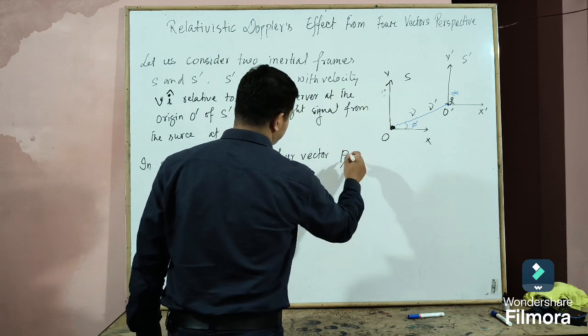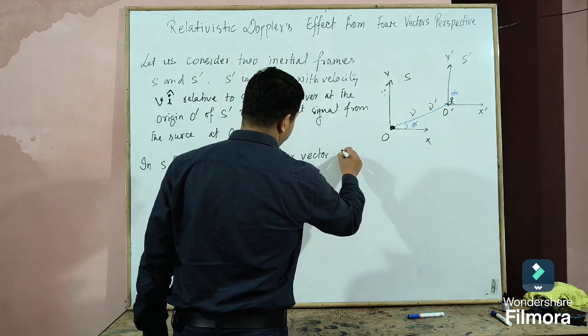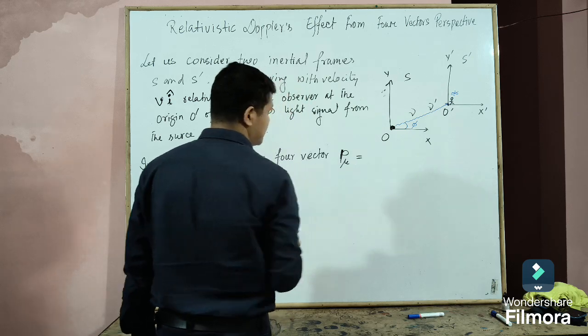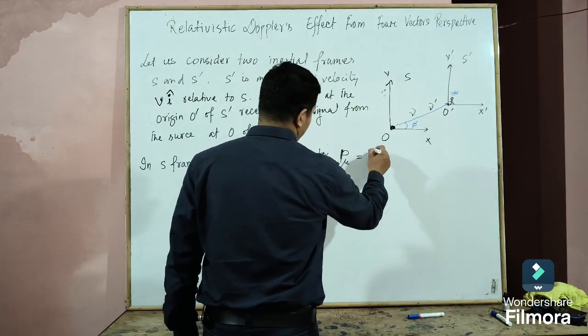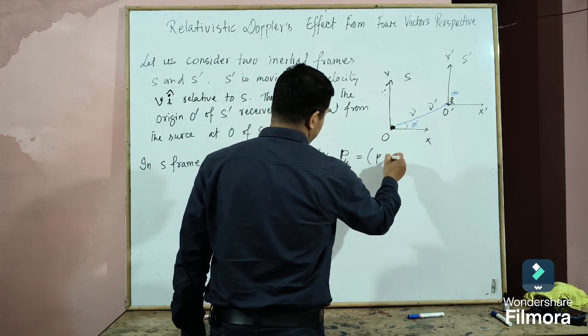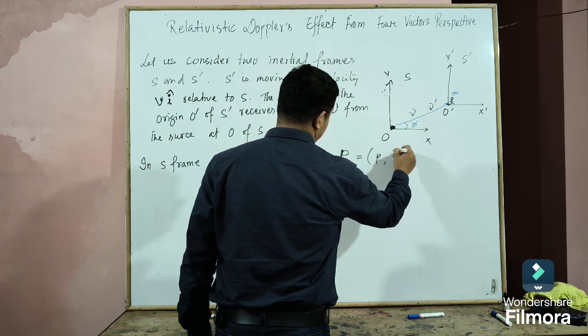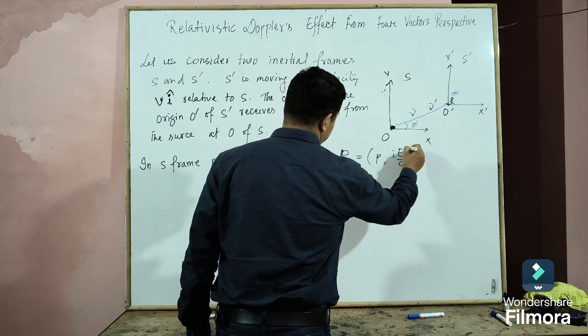We used to write p mu. Momentum 4 vector p mu, which can be represented by p and iE by c.